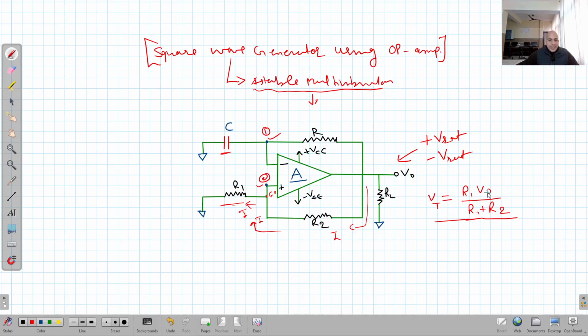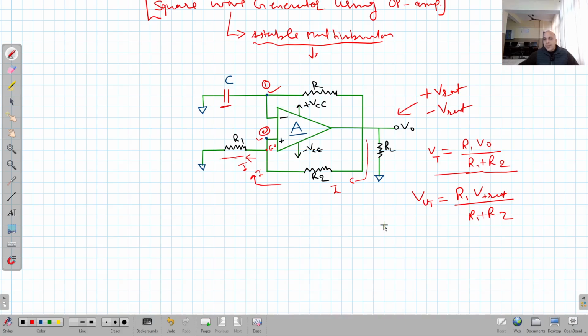Now we know the output can be either in positive saturation or in negative saturation. So according to that, I will have V upper threshold equal to R1 V positive saturation divided by R1 plus R2. Similarly, when there is negative saturation voltage, I'll call it lower threshold, R1 upon R1 plus R2, into V negative saturation.